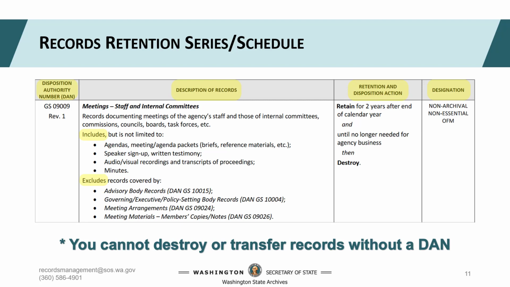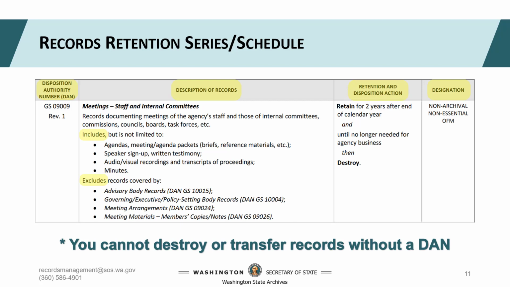This record series covers records about the agency operating on behalf of itself, placing it in the realm of CORE and the State General Schedule. The retention and disposition action tells you how long to retain a record, when that countdown starts, and what you do with the record once it has met retention.